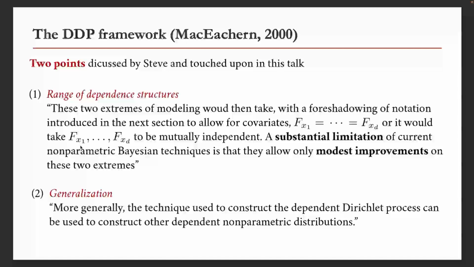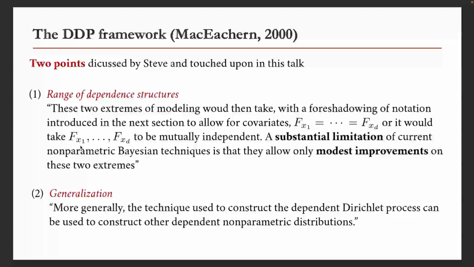What Steve notes is that between these two extremes I've mentioned, there was at the time a substantial limitation of non-parametric Bayesian techniques, in the sense that they allow only for modest improvements on those two extremes.